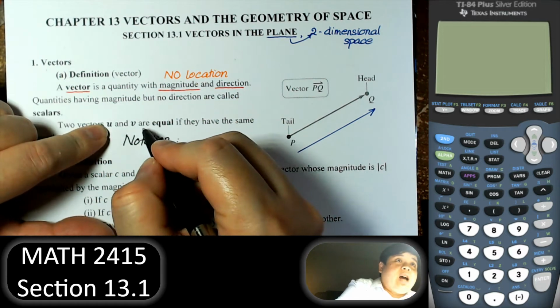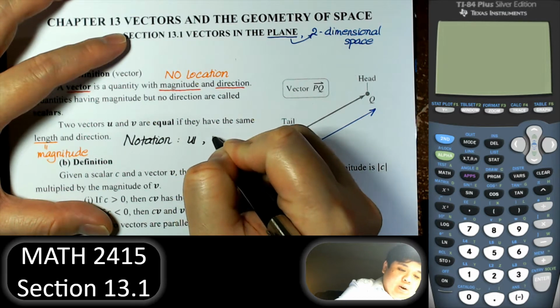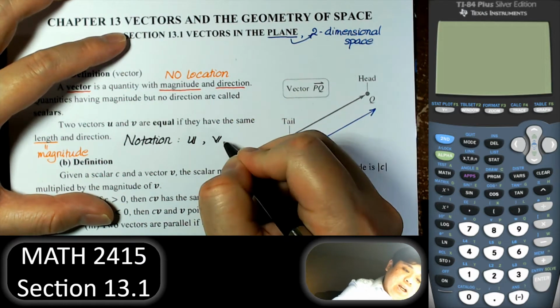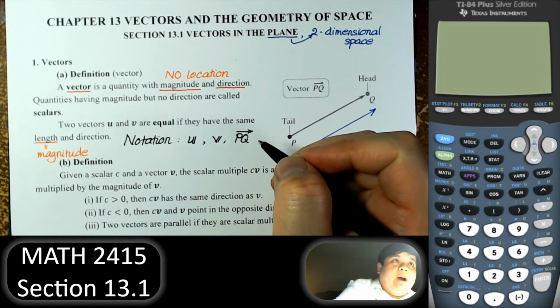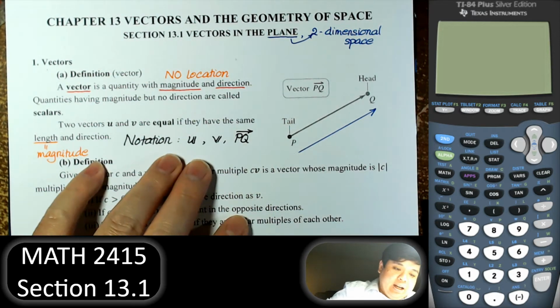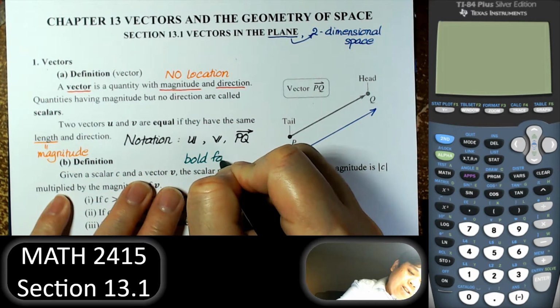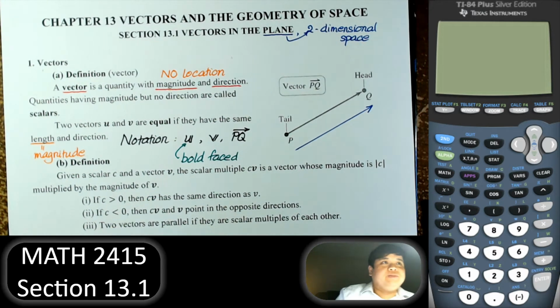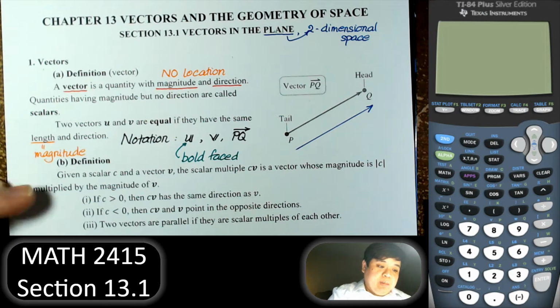If we cannot type like that, if we have to write, we can say U as a vector or V as a vector, or we can write the vector PQ with the arrowhead in front of it. This is the boldface U. So we will distinguish a vector with a boldface and with the different numbers called the scalar.